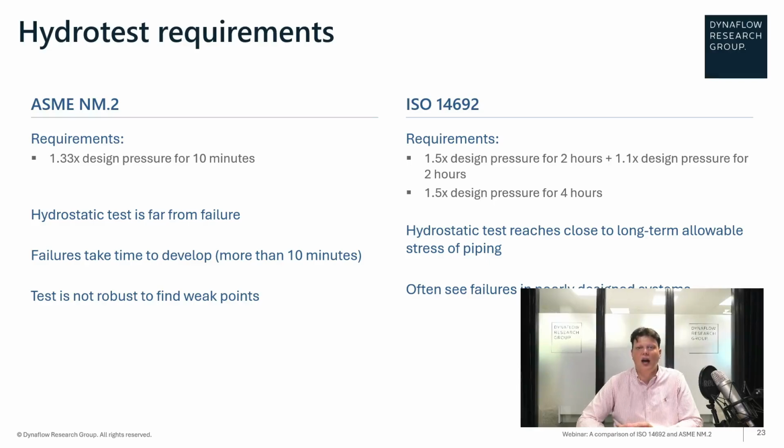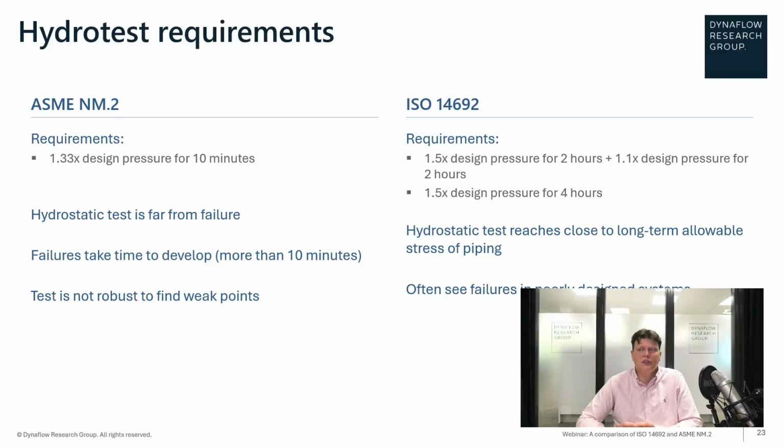You have this higher pressure acting on the system, and you can identify at the stage of commissioning whether there are any weak points, and with the procedure required by the ASME NM2, that is not sufficient.